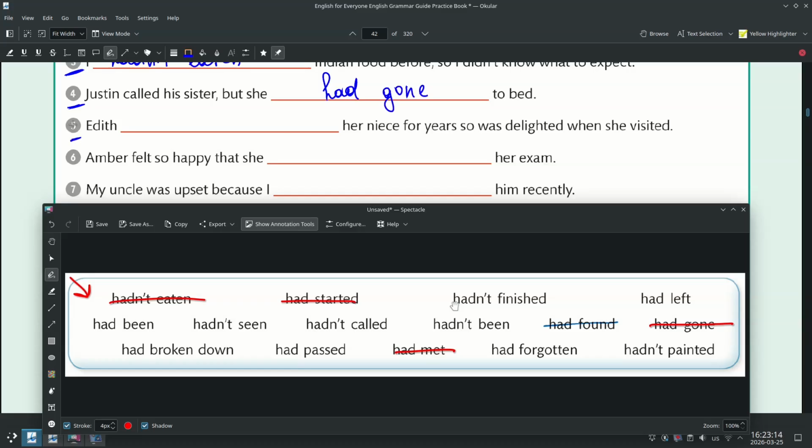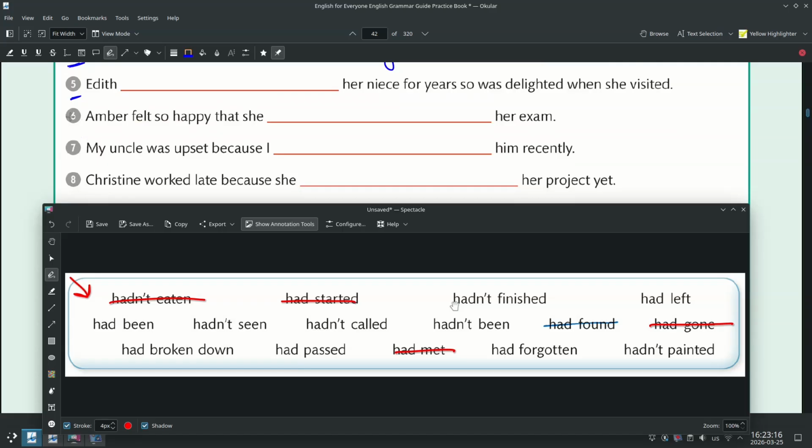Number 5. Edith, her niece, for years, so was delighted when she visited. Hadn't seen. Number 6. Amber felt so happy that she had passed her exam.